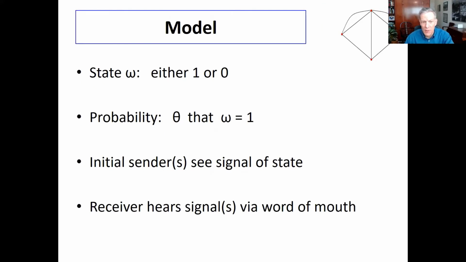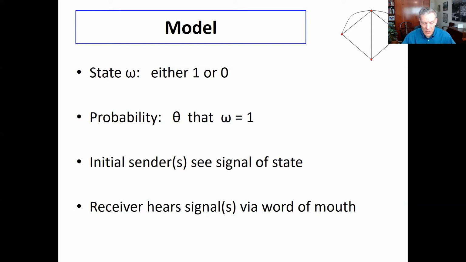The model is probably the simplest possible model you can imagine for this process. There's a state of either 0 or 1, and there are learners who want to learn whether it is 0 or 1. They start with some prior probability theta that the state is 1. There's a bunch of people who see signals, and they can broadcast that to their friends, and those can be passed along.